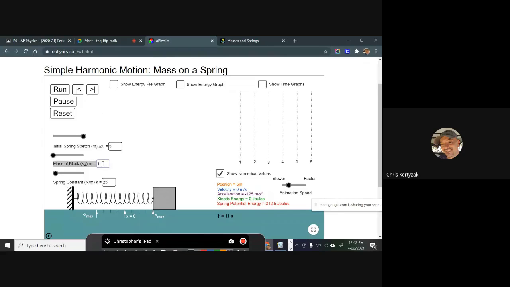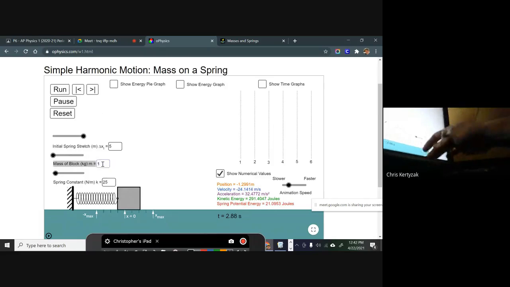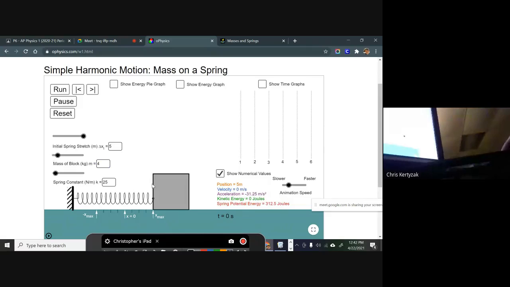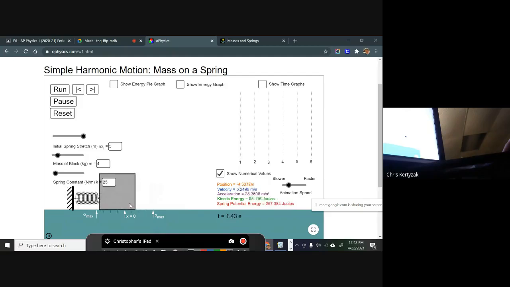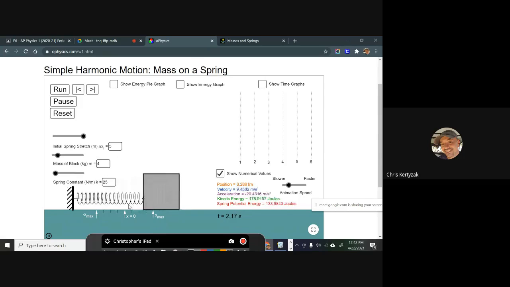Sorry, well, let's just leave it at 1 then, and run it. Pretty slow, right? On the other hand, if I were to put much more mass on here, let's say 4, play it, with the same spring constant, it's going to go much more slowly through its cycle, right? So reminding you that there's that connection again.